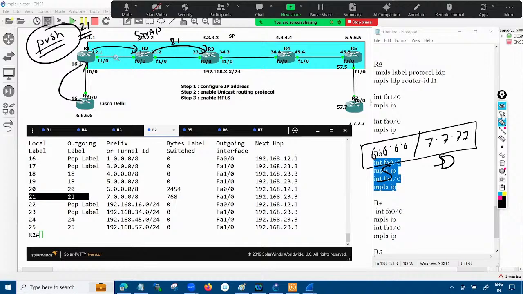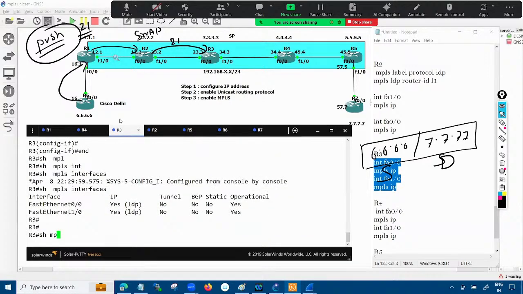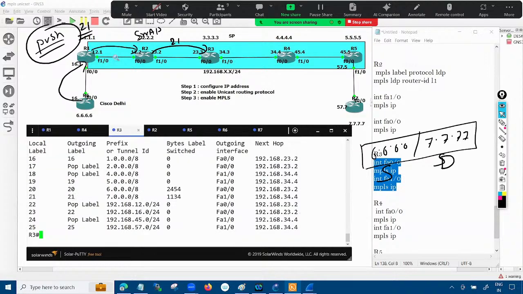When R3 receives the packet with the label 21, what will it do? It will send the packet out 1/0 toward 34.0.0.4 with the same label 21. So again it will do the swap operation and send the packet to R4.